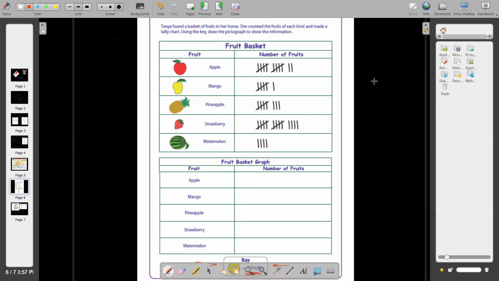We will draw in this pictograph. Draw the pictograph to show the information.